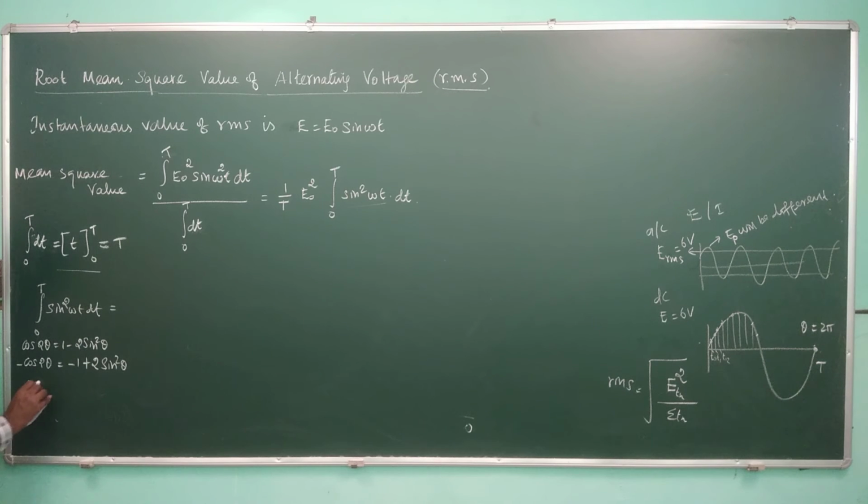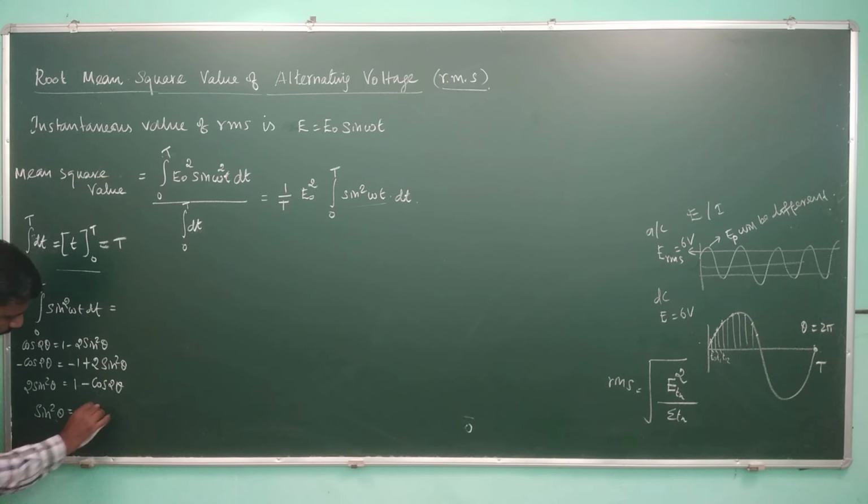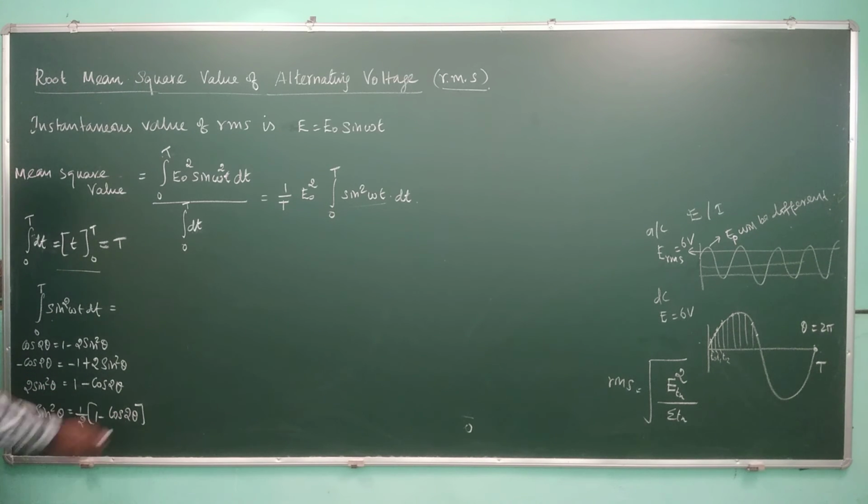So 2 sine square theta becomes 1 minus cos 2 theta, and sine square theta is equal to 1 by 2 times 1 minus cos 2 theta. Here we have sine square omega t, which we can replace with 1 by 2 times 1 minus cos 2 omega t.